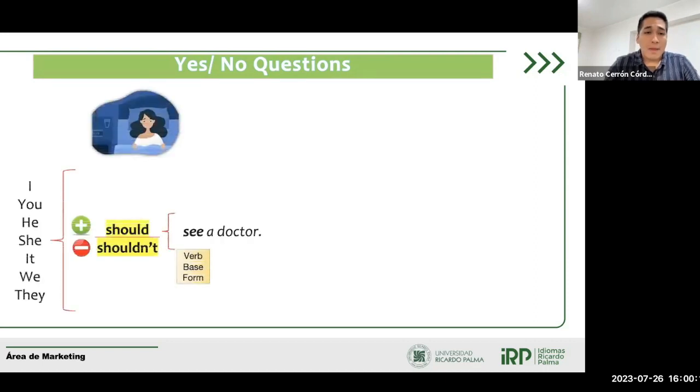So far, we learned how to work with the affirmative and negative way. So we're going to take one example from here based on Elena. She should see a doctor, right?